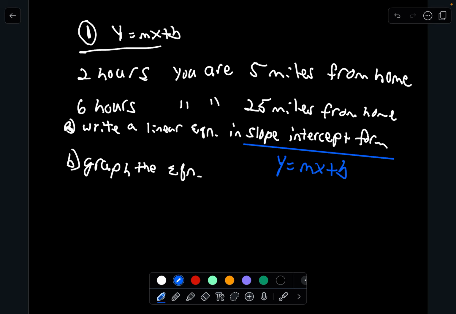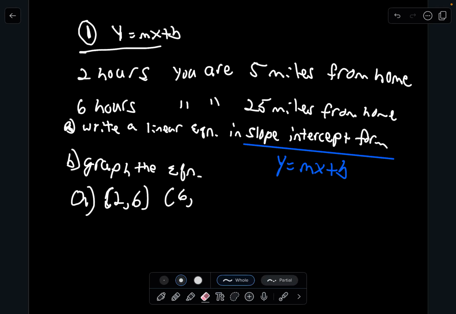So think about this. They gave you 2 points, this is for part A. One point was 2, 5, because it's 5 miles.